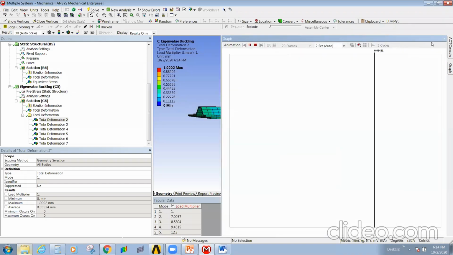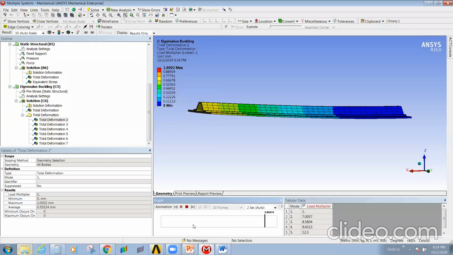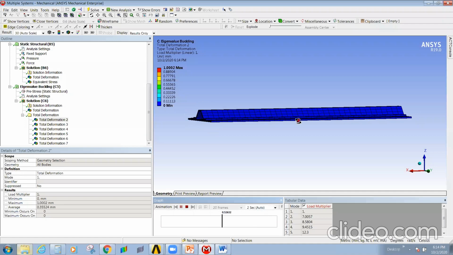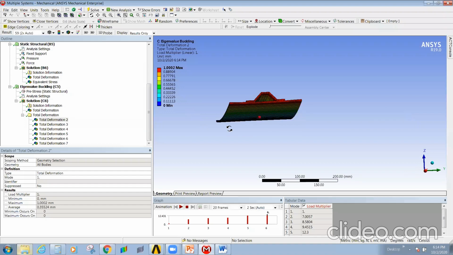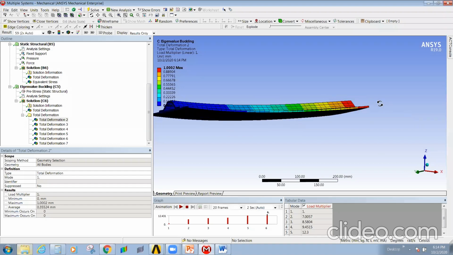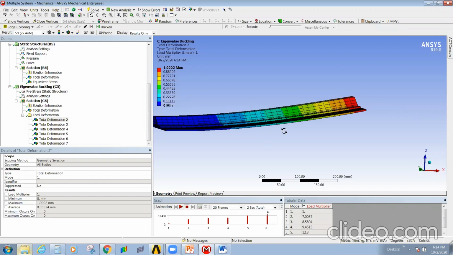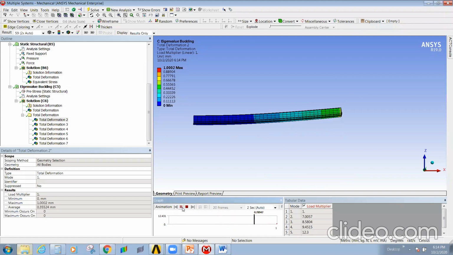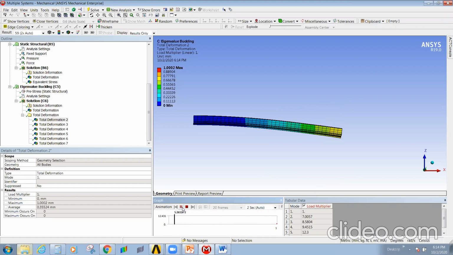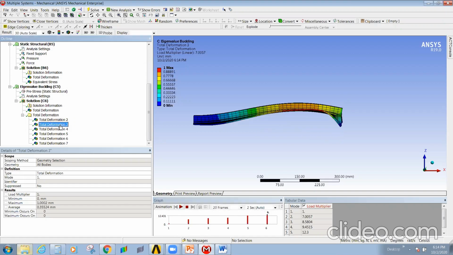So for the point load, in that direction, your structure will be failing. You can see this with the scale, I can increase it. In the sense, for this load, your center will have maximum displacement. Okay. So this would be your first mode shape, second mode shape.